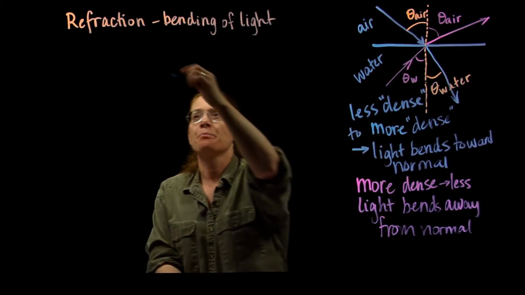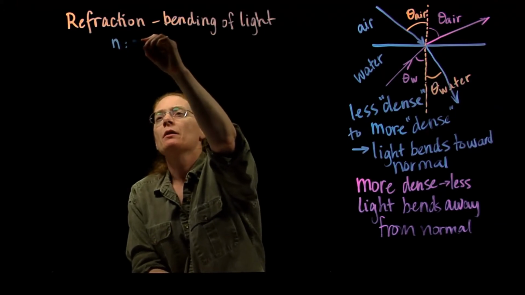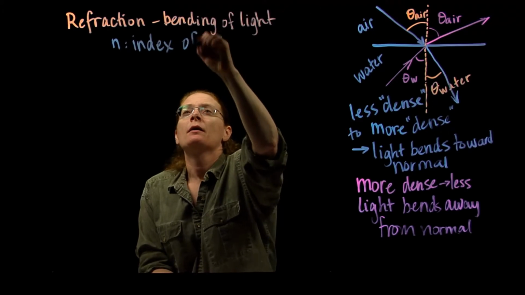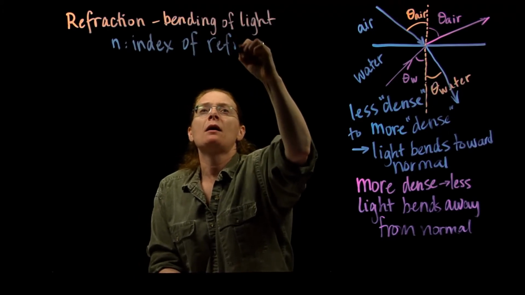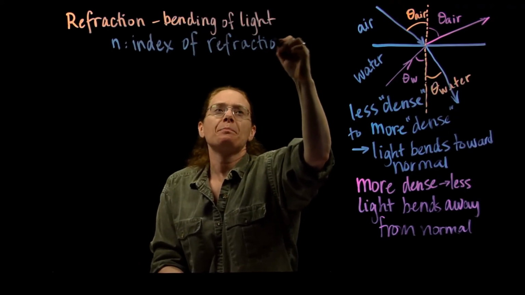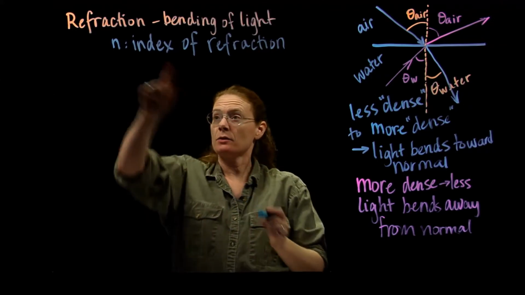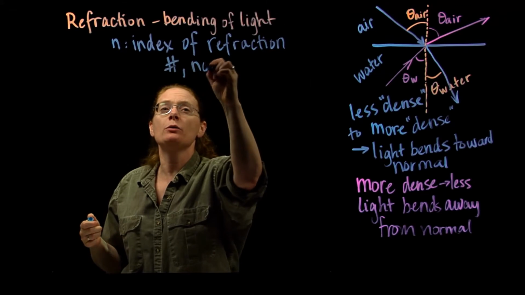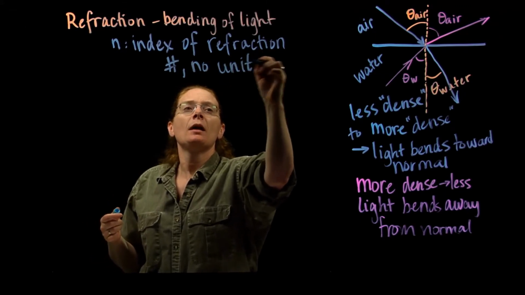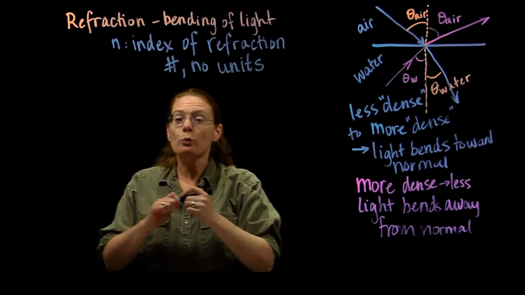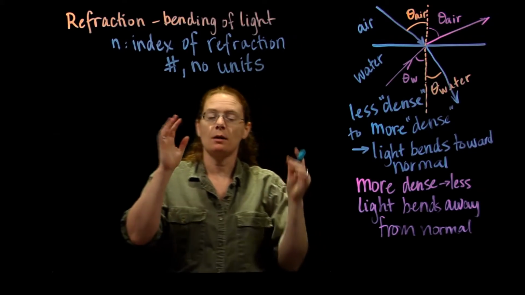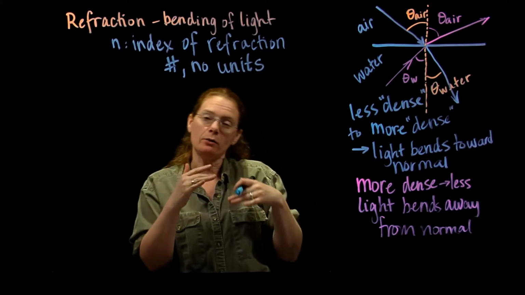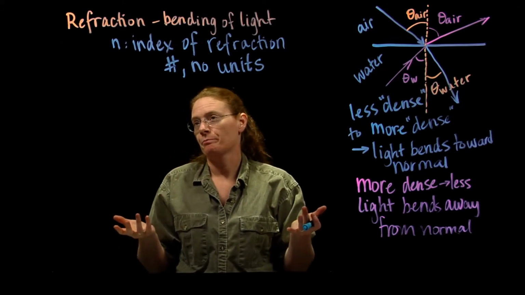The material, we measure the optical density, if you call it, by something called the index of refraction. And index means number, so this is purely a number. There's no units associated with it. It is a ratio of the speed of light in a material as compared to the speed of light in a vacuum.